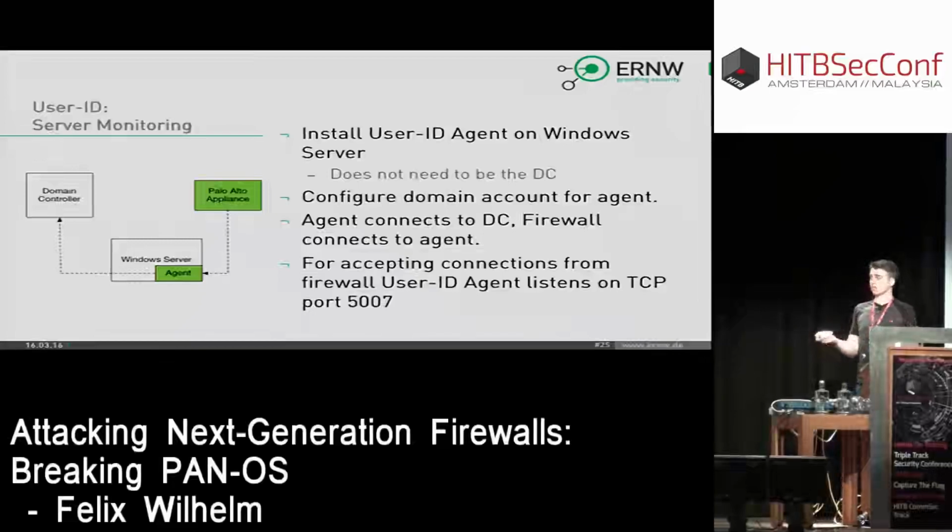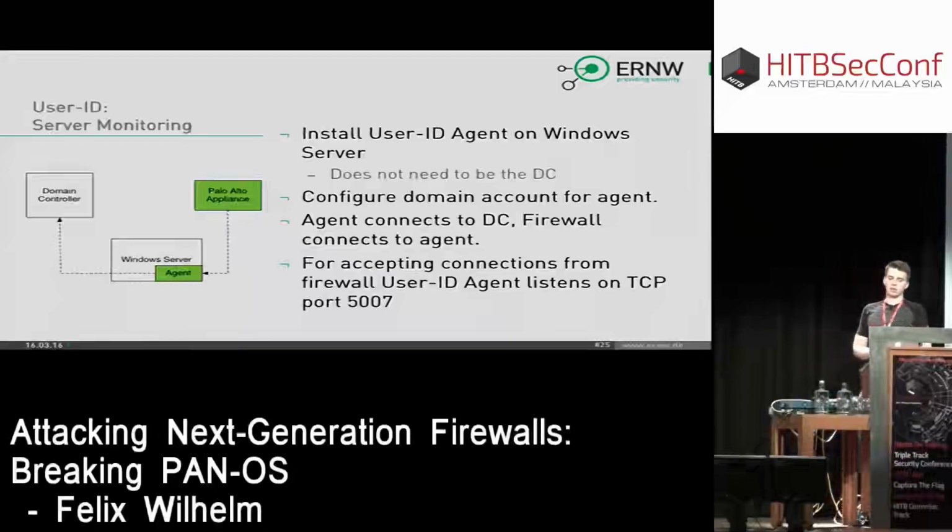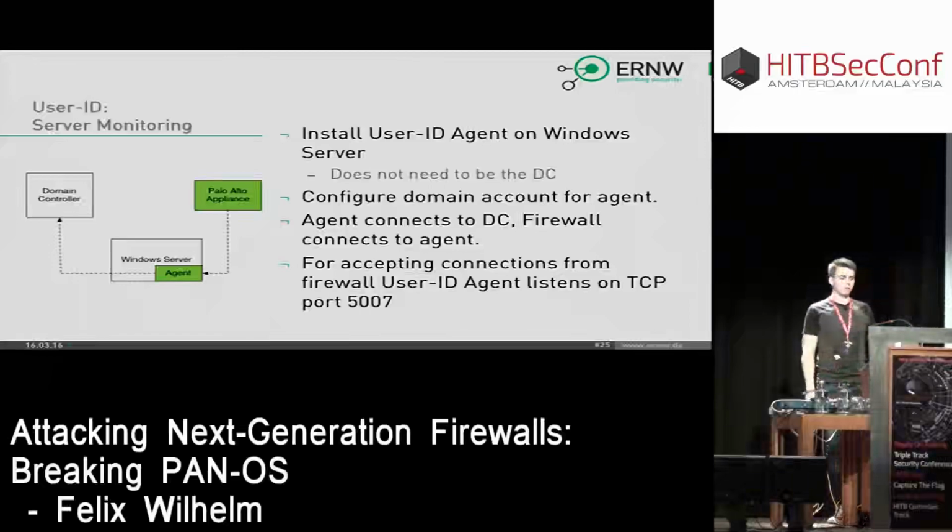Now the credentials are stored in this User-ID agent, which is just a normal Windows process, so you can install that on any box in your environment. And to accept connections so that the firewall can connect to the agent, it opens up TCP port 5007 and waits for connections.